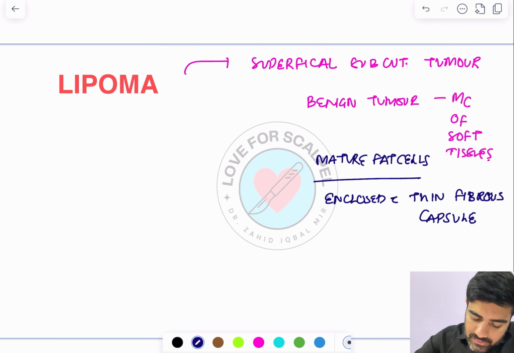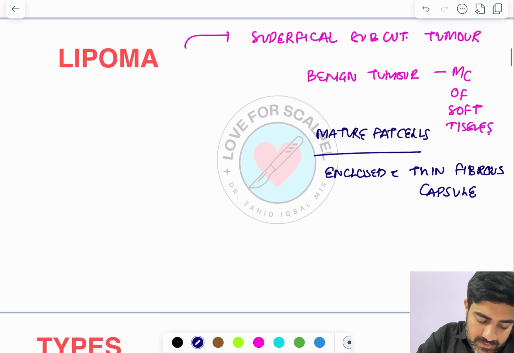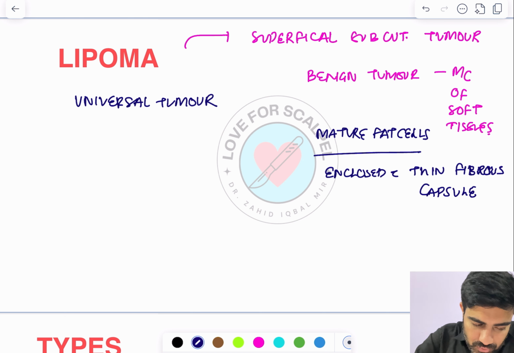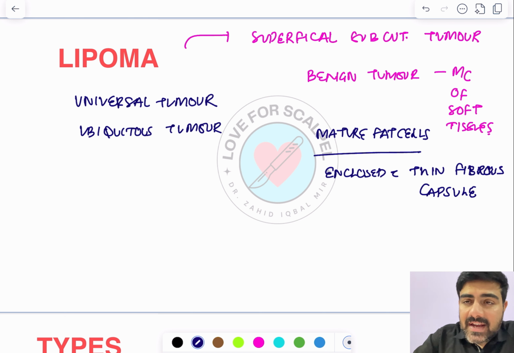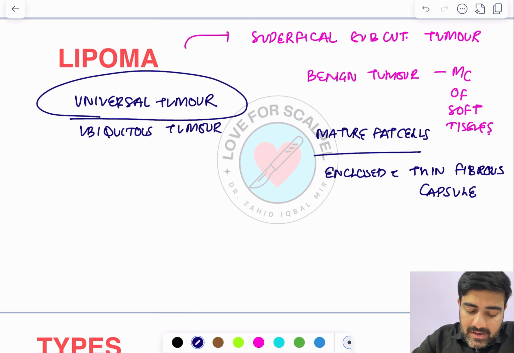It is also known as the universal tumor, or ubiquitous tumor, because lipoma is seen in every area of the body. It can be seen anywhere in the body. That is why it is known as the universal tumor.